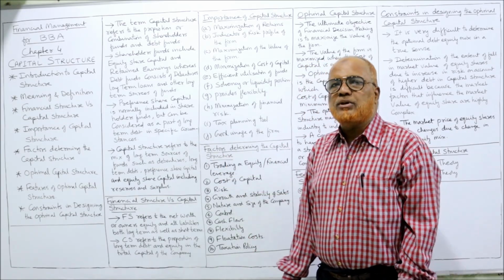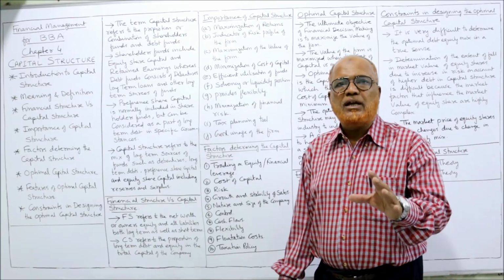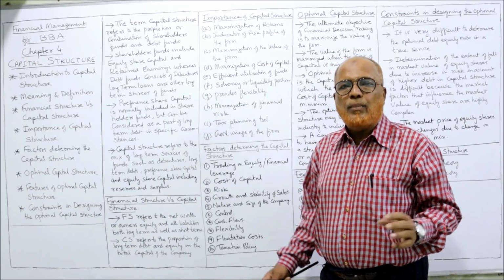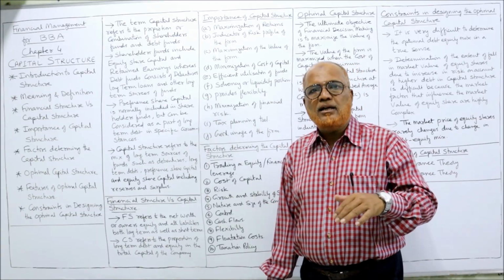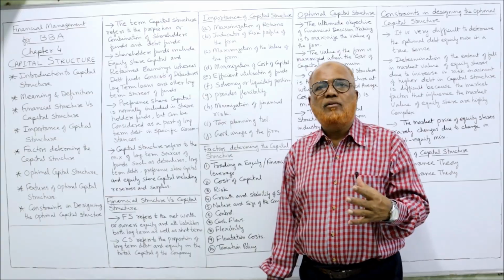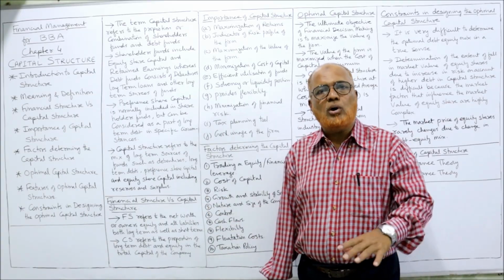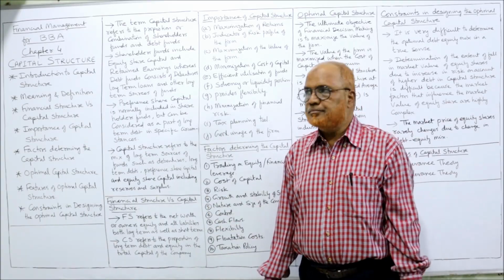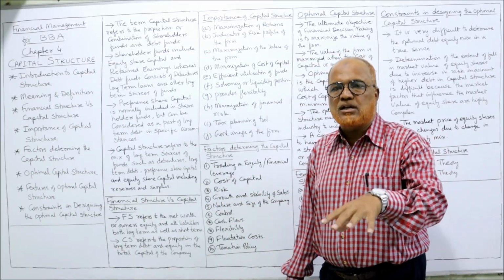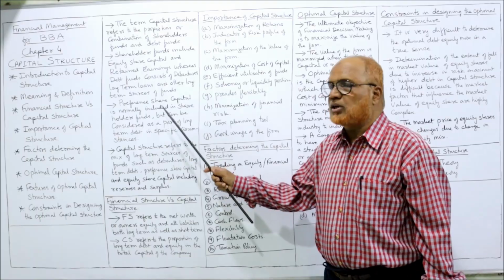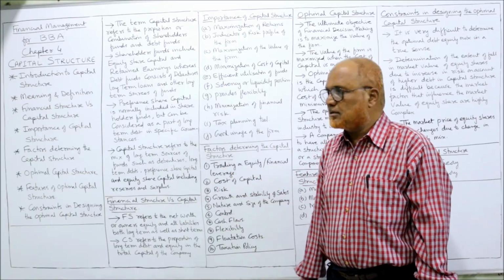Regarding preference share capital, normally it will be taken under shareholders fund, but under certain circumstances, like the debt equity ratio, preference share capital will be considered as debt.